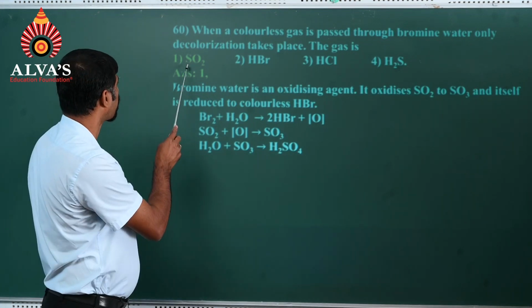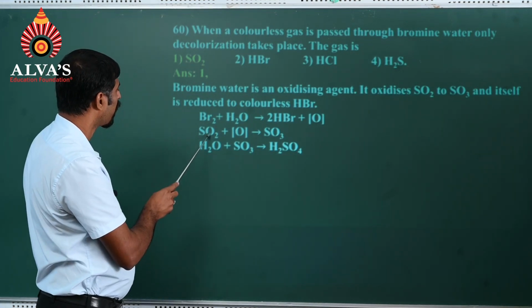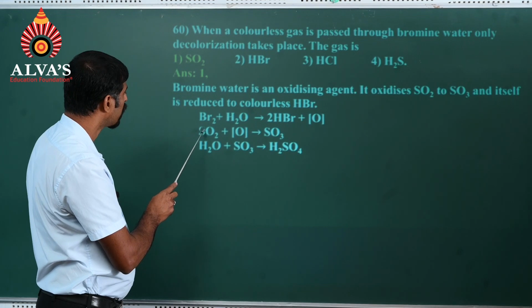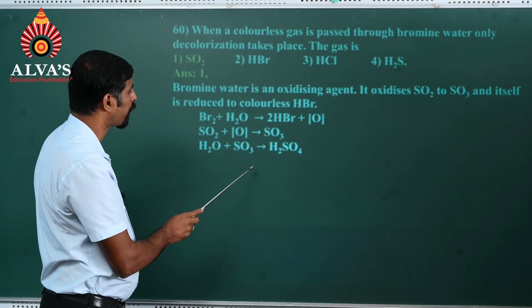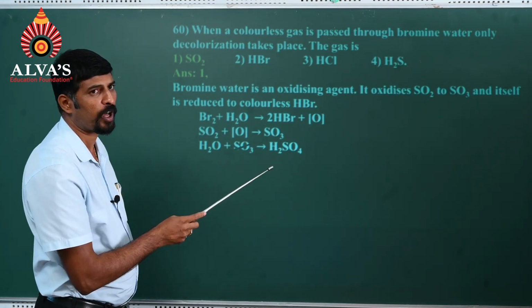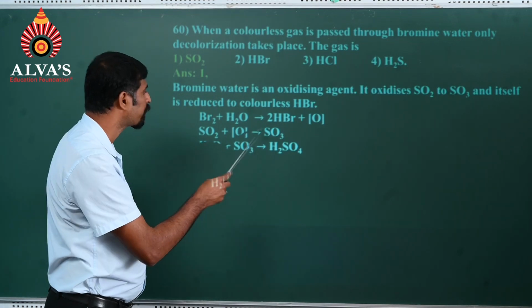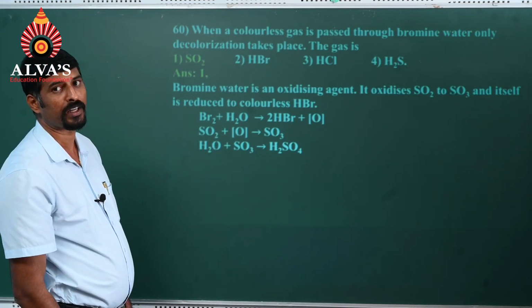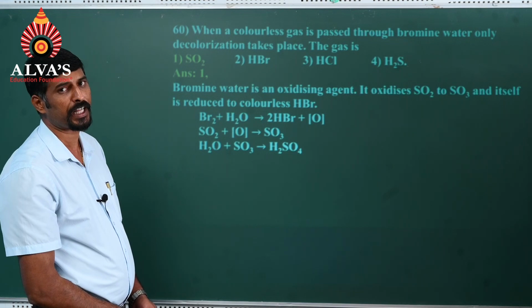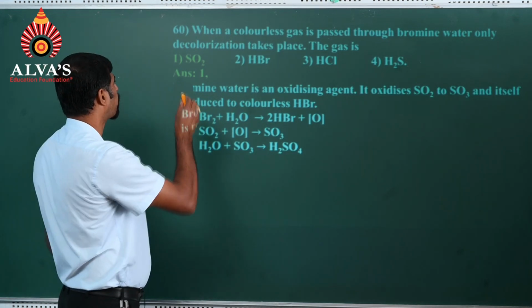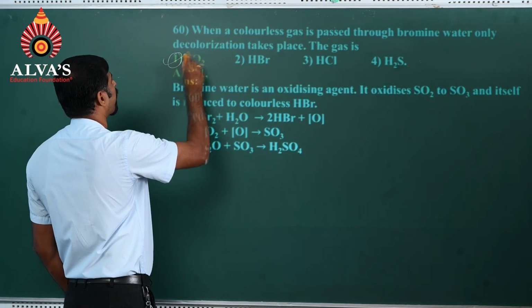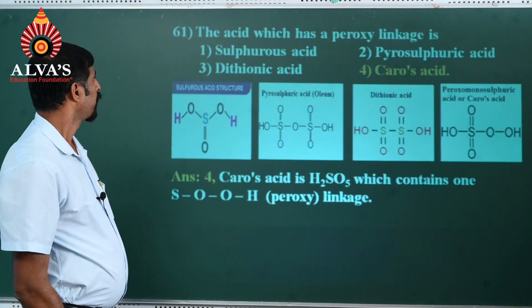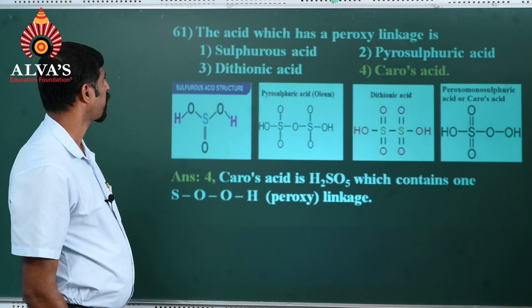But in the case of sulfur dioxide, it oxidizes sulfur dioxide to sulfur trioxide and sulfuric acid is formed later, and because of that it forms a clear solution, hence decolorization takes place. Therefore option first is the right answer. Next we'll move on to question number 61.